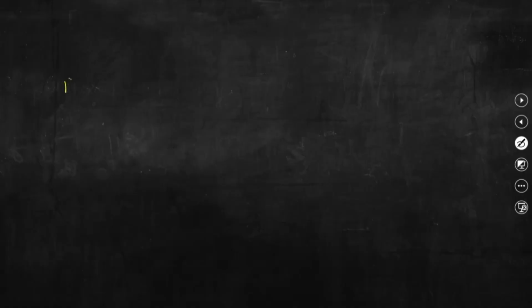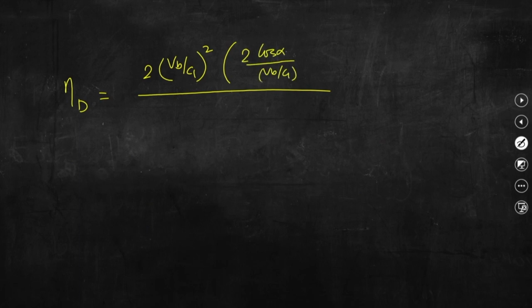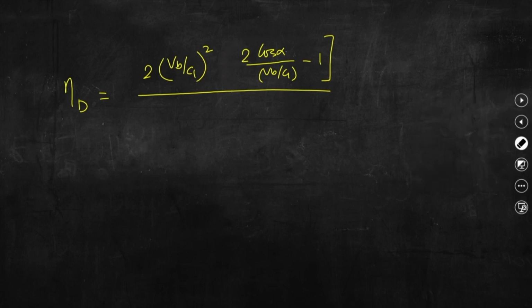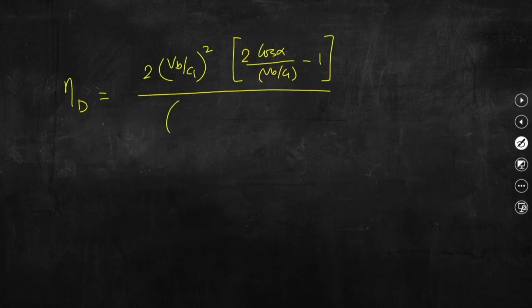So, we can write eta d equal to 2 Vb by C1 whole square, and then 2 cos alpha divided by Vb by C1 minus 1, divided by 1 minus Vb by C1 whole square plus 2 Vb by C1 cos alpha.